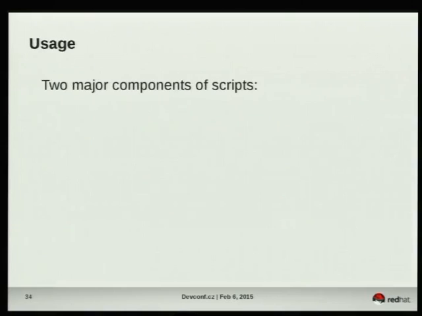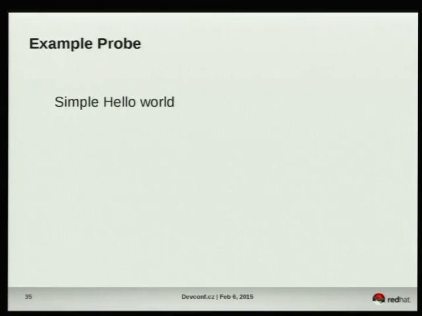So if you want to write a script, there are two major components. You have the probe points, which are like the predicates, the points you're interested in, think like the breakpoint in a GDB script. And then what you do when you get there, the handlers. So to write a simple hello world, you say probe begin, and in the handler you just say print hello world.